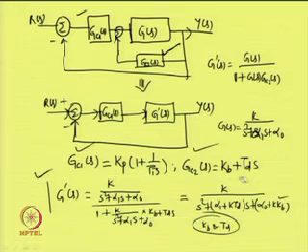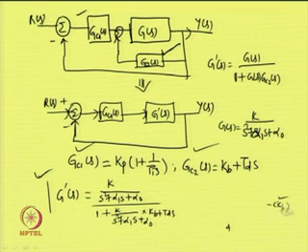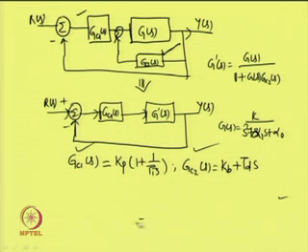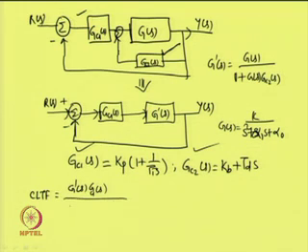Now, the inner loop transfer function is to locate the poles of the modified process at desired locations, whereas the closed loop transfer function will give us the form G dash (s) G(s) GC1(s) upon 1 plus G dash (s) GC1(s).